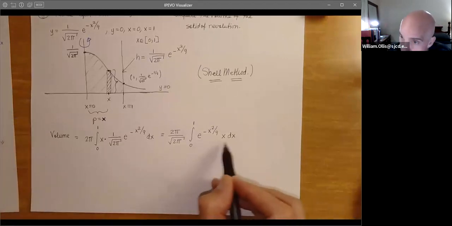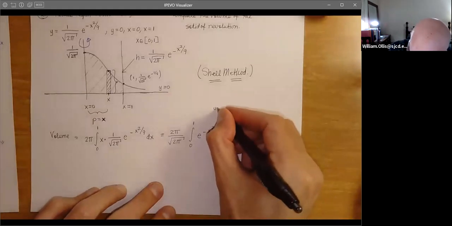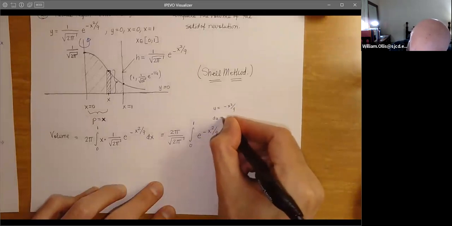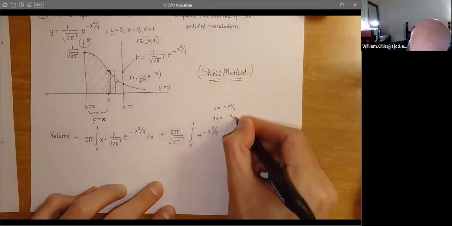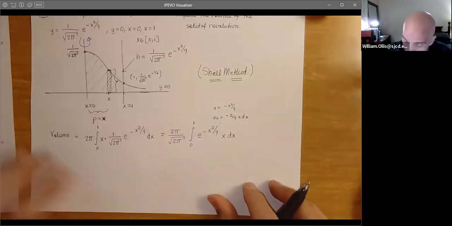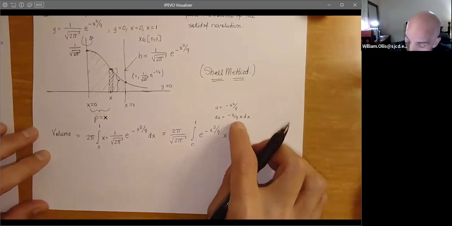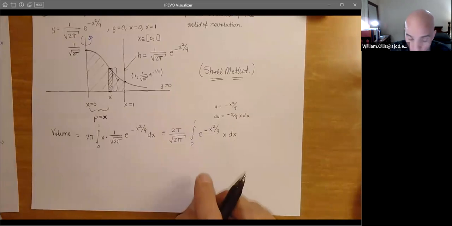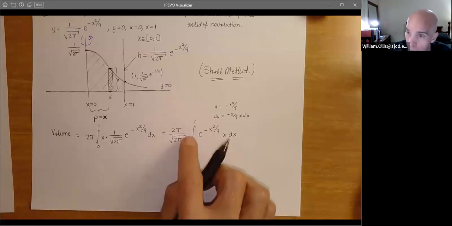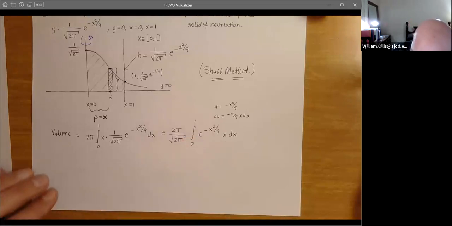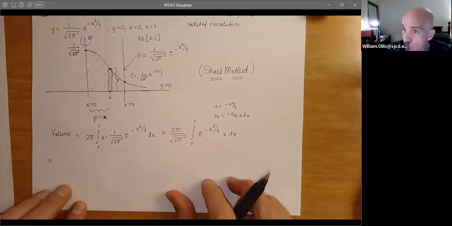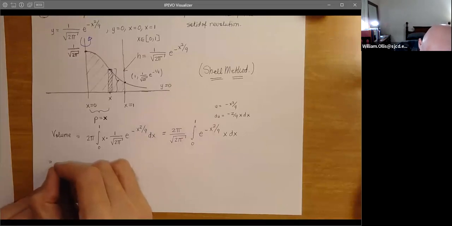Now, what I want to do here is make this table ready, so we can think of u as negative x squared over 9. So du will be negative 2/9 x dx, just using the derivative there. So now we need to place the negative 2/9 and then pay for it with a fraction in the integrand, the reciprocal of that. So now this will just absorb into here, giving us the square root of 2 pi upstairs.